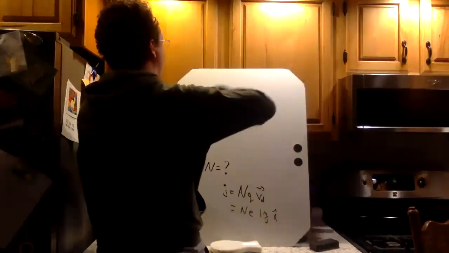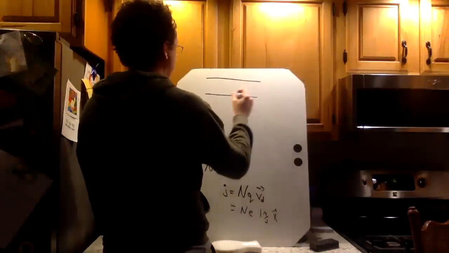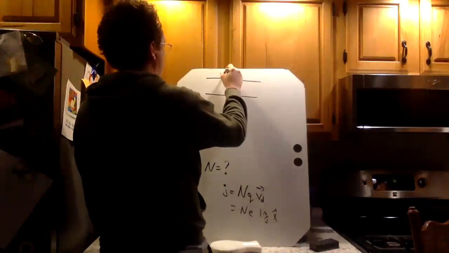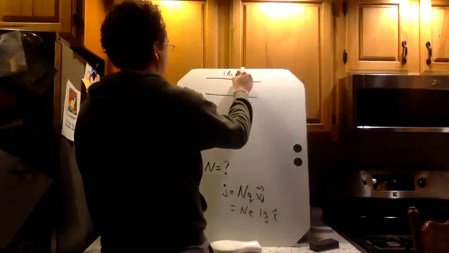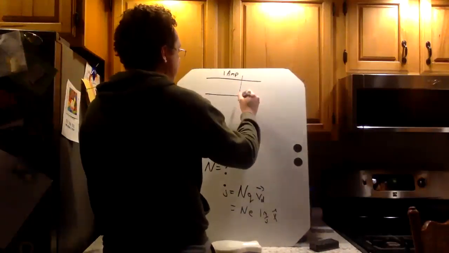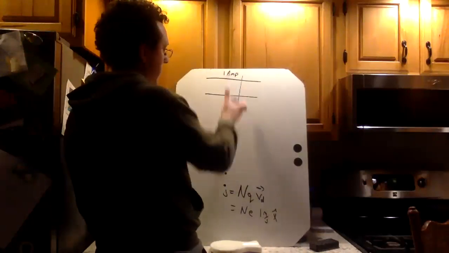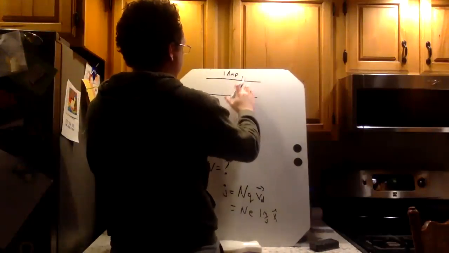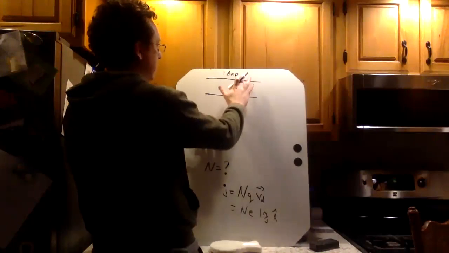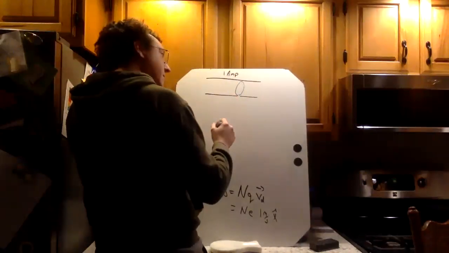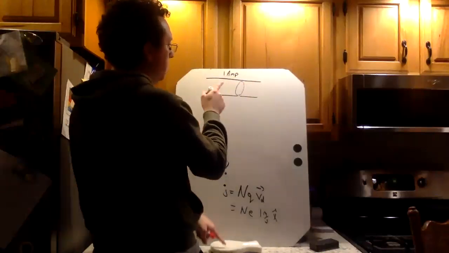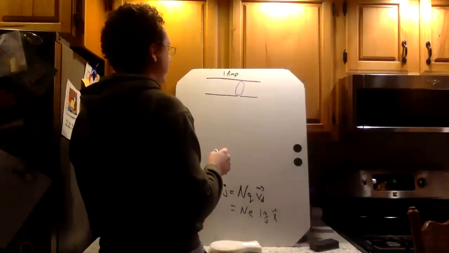So if I have my wire and I want the current to be 1 amp, what that means is that if I draw a vertical slice, like I break the wire like that, there would be a cross-sectional area, which would be a circle. If I slice through that wire, that means that 1 amp of charge, so 1 coulomb of charge per second, flows through that.